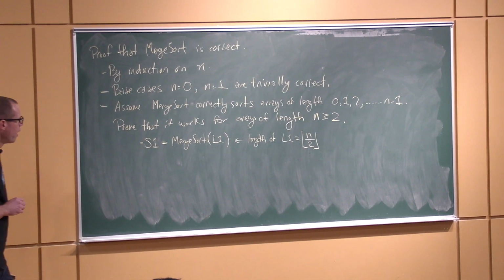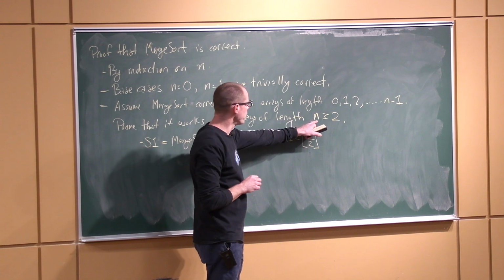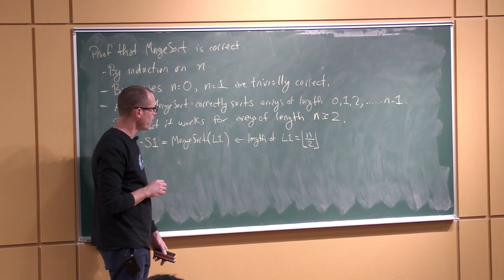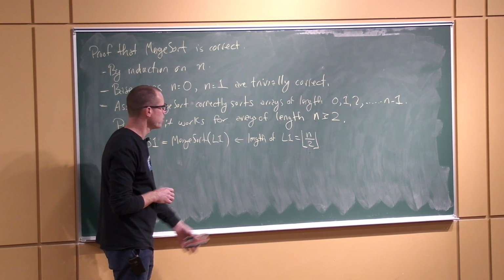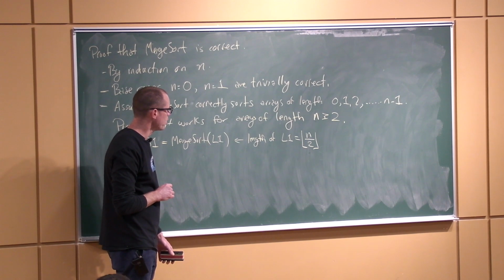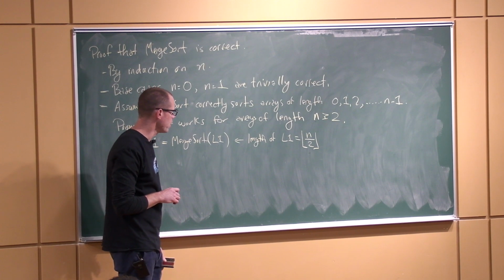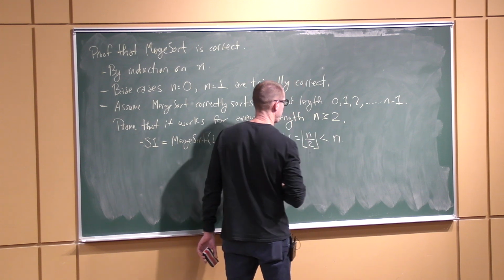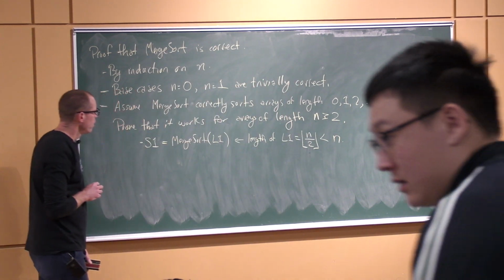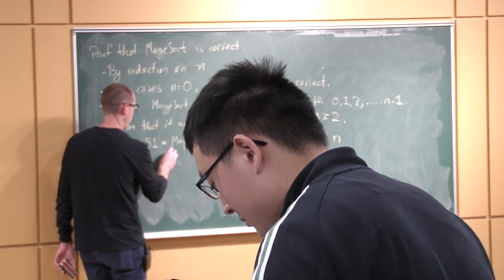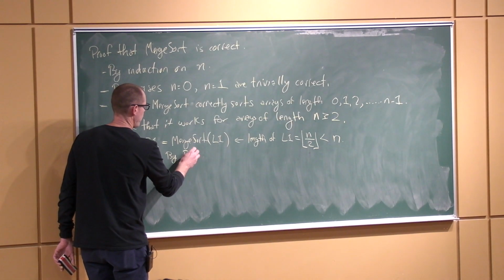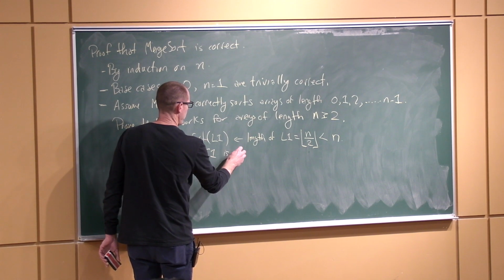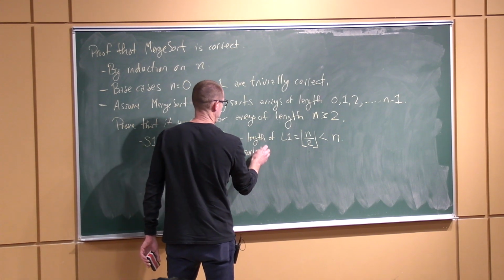And this works because n is bigger than or equal to 2. Actually, the floor of n over 2 is always going to be smaller than n for positive things. So this is less than n. And so by the inductive hypothesis, S1 is a sorted version of L1.